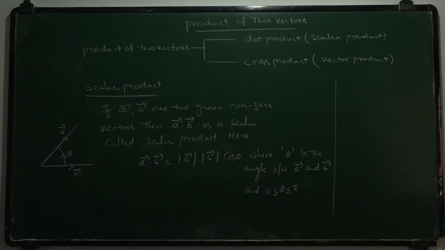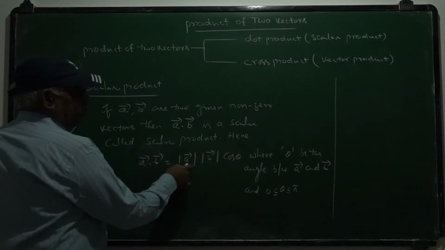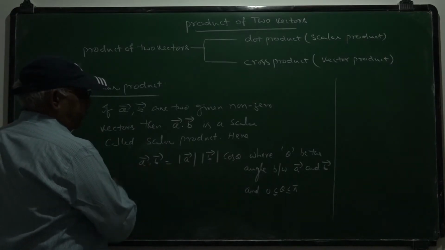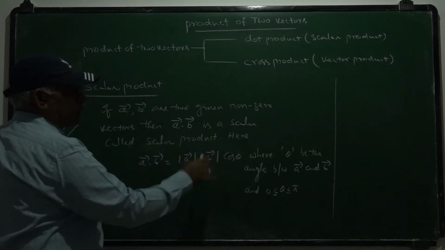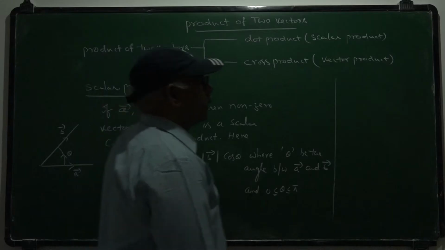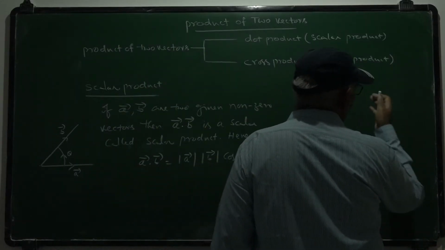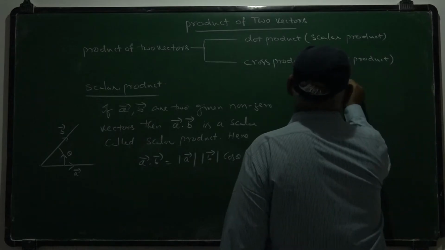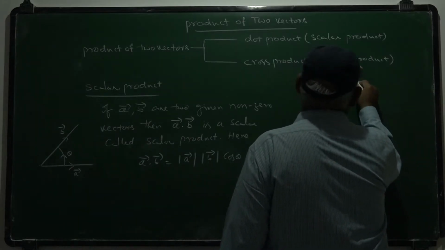In case either a or b is a zero vector, then its modulus is 0, hence the resultant is 0 in such case. So if either a bar or b bar is 0, then a bar dot b bar is 0. That is one point related to the scalar product.